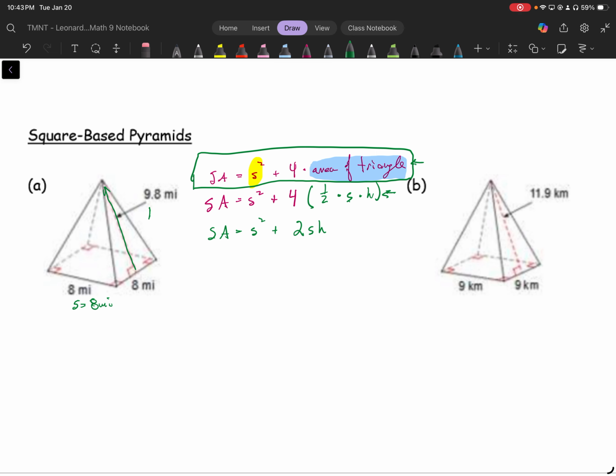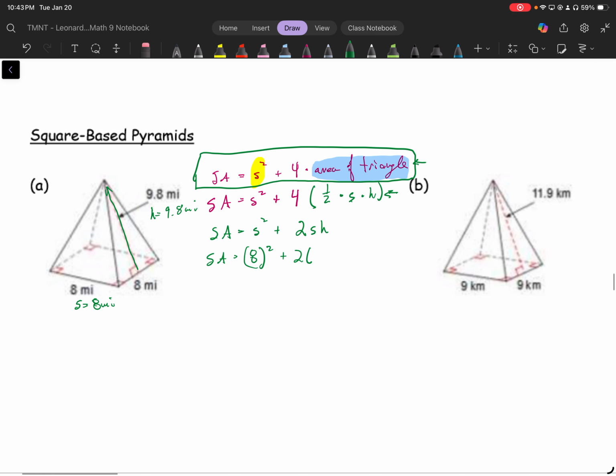The height is equal to 9.8 miles. So the surface area of this wonderful pyramid is going to be 8 squared, plus 2 times 8, because S is 8, and H is 9.8.